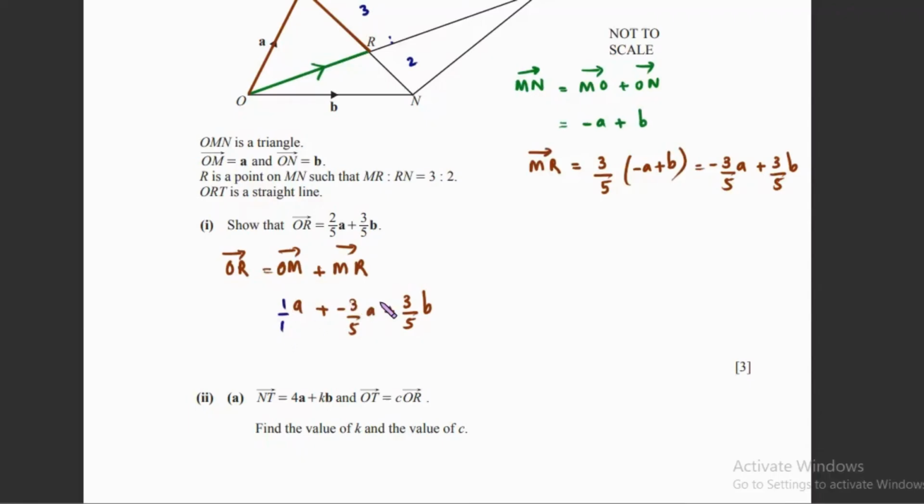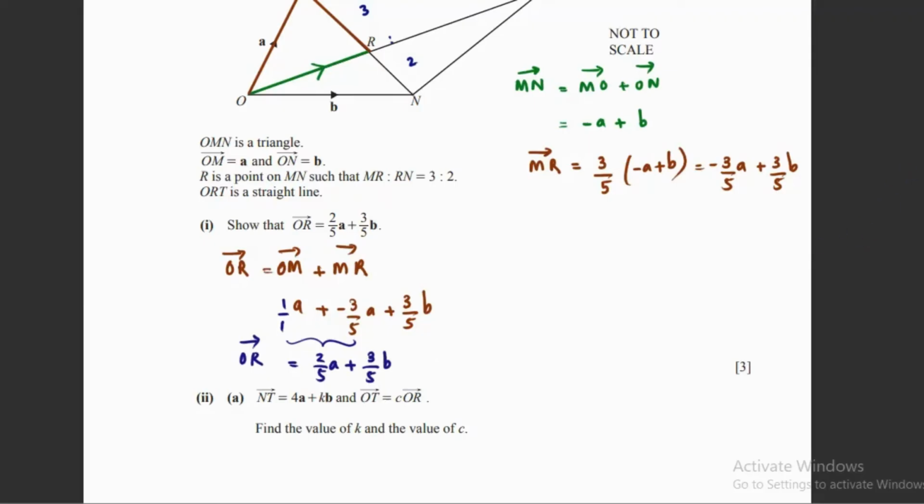So 5 over 5 and this negative 3 over 5 is the same as 2 over 5 A. And I need to add 3/5 B to this. This is equal to O to R. So we have got the same answer as given in the question. So when they ask us to show, we need to prove how we can get to that answer.